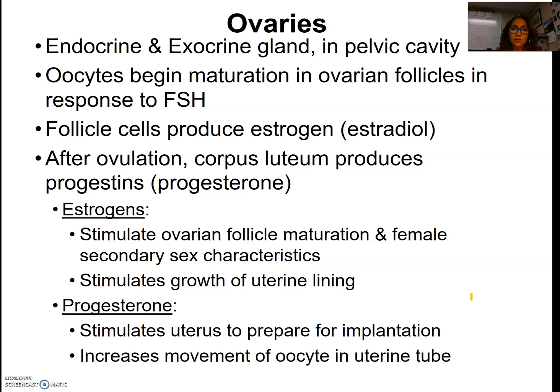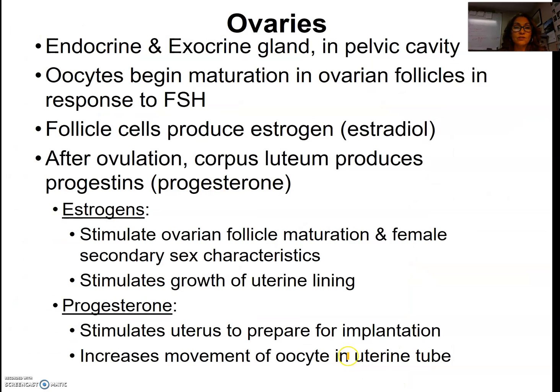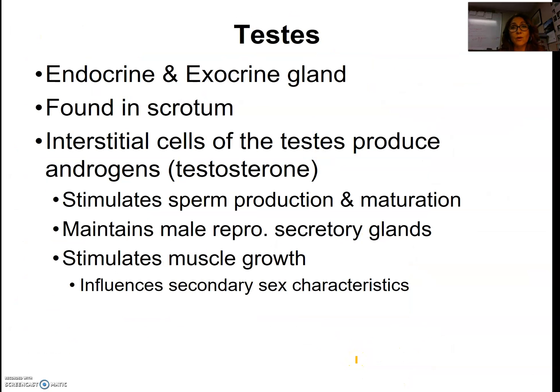It also increases the movement of the oocyte inside of the uterine tube, or the fallopian tube connecting the ovaries, into the uterus. So it allows a smooth transition for the fertilized egg to travel from the ovary, or from the edges of the fallopian tube, down into the uterus. Now, the testes are quite a bit different.